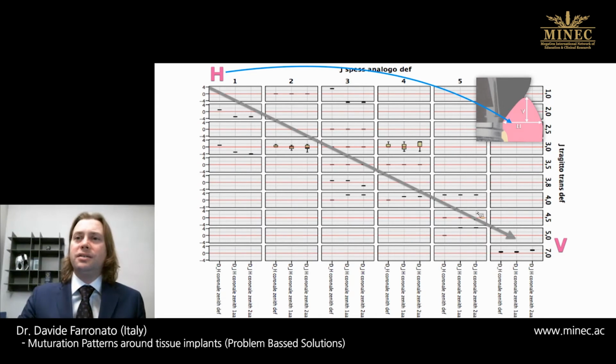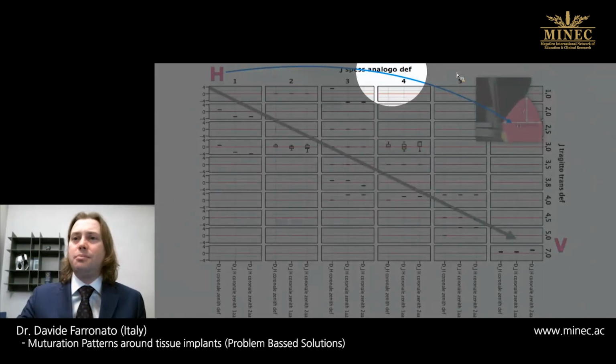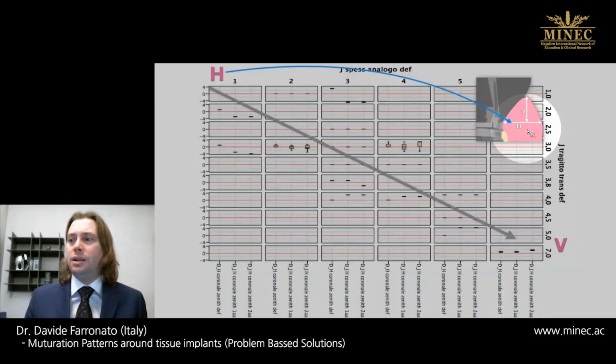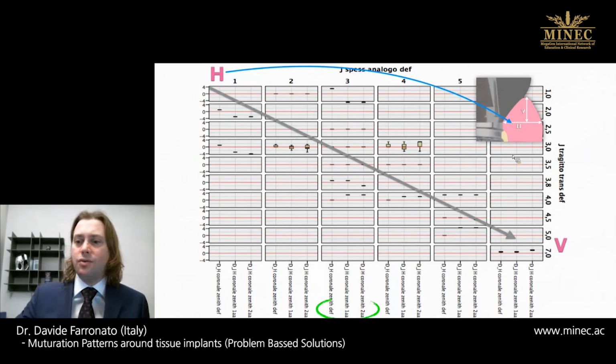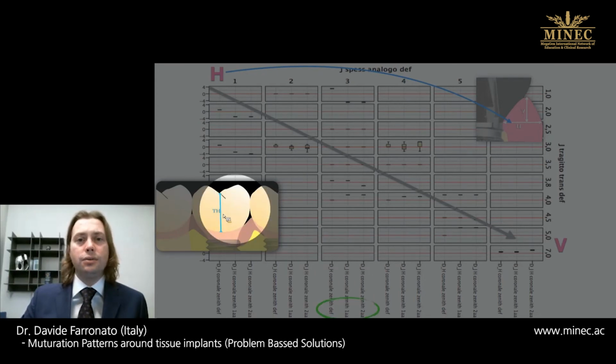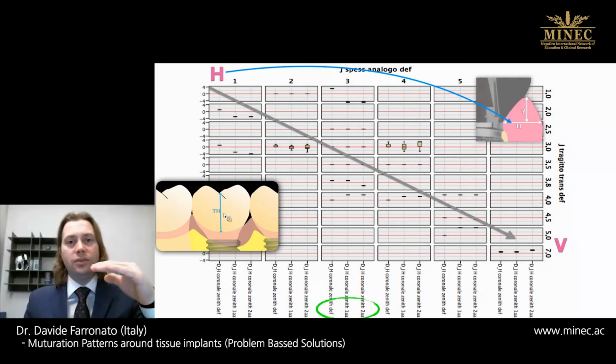Here these numbers describe the width of the tissue, and here are described the years: the delivery of the final prosthodontics, at 1 year and 2 years later, and the height of the tooth. So we can monitor if the gum is going into recession or creeping.